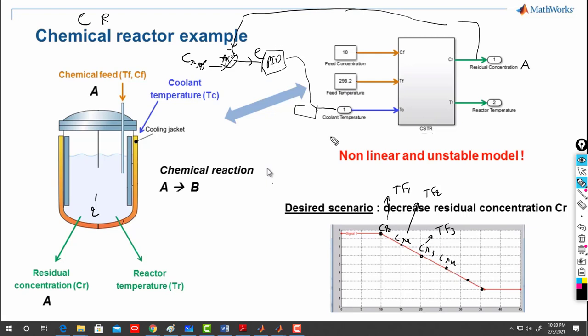You need to extract, say, 6 models and linearize them around 6 operating points, which are the values CR1, CR2, and so on. You linearize them around these points, and for each transfer function you find the gains of your PID.